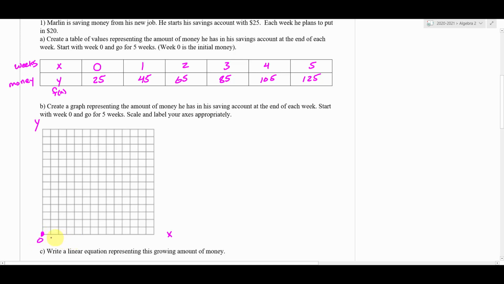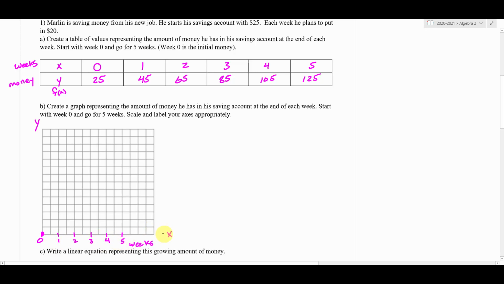And then since the weeks are going to be represented down here, I only need to go 5 weeks. So I'm going to go every 2 boxes, and I'm going to say there's 1 week. And then 2 weeks, 3 weeks, 4 weeks, and 5 weeks, and I'll label that as weeks. That way, if someone were reading my graph, they would know what these numbers represent down here.